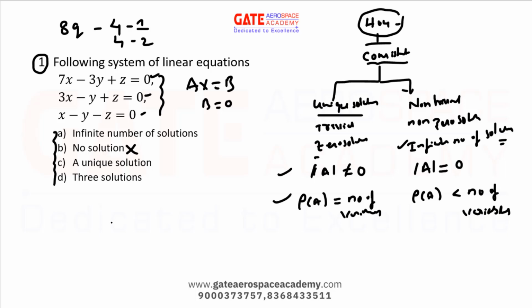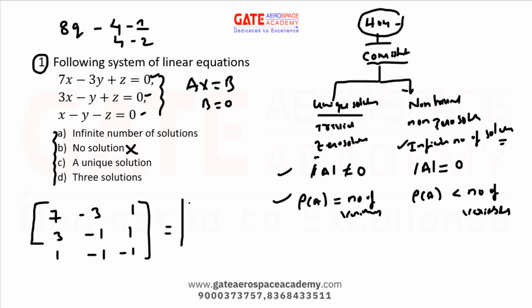First we will write this equation in matrix form, then we will find the determinant. The matrix is 7, -3, 1; 3, -1, 1; 1, -1, -1.